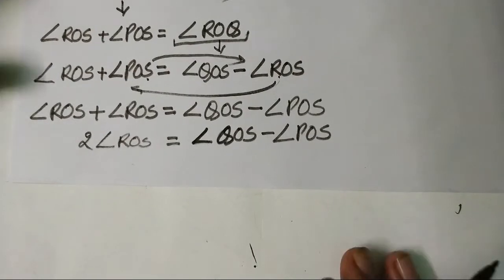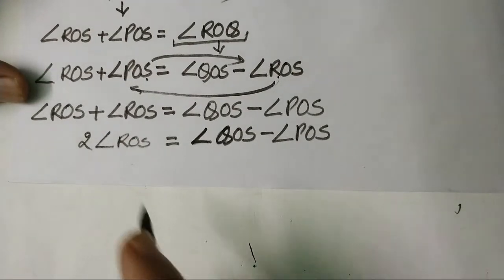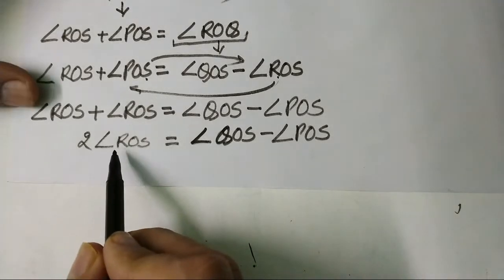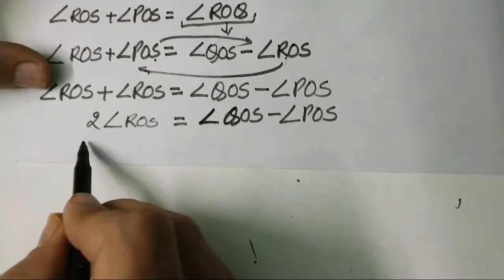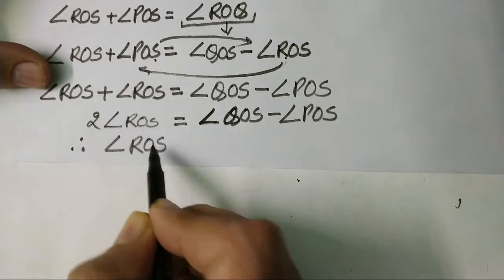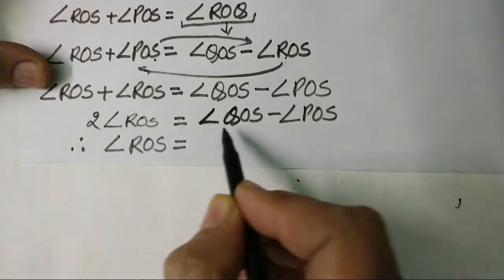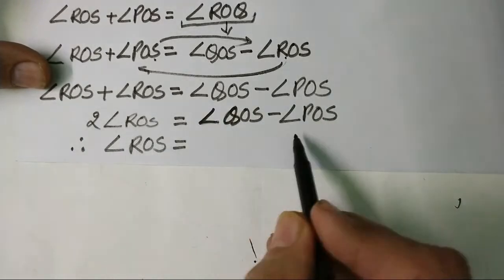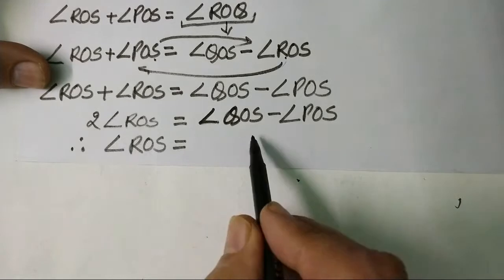So now we have reached the proof of this question. 2 times angle ROS is equal to this. Therefore, I can say that angle ROS is equal to this whole, and the 2 will come here. When 2 comes here, it will divide.